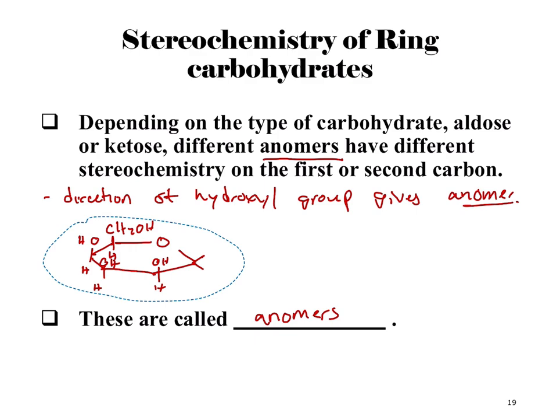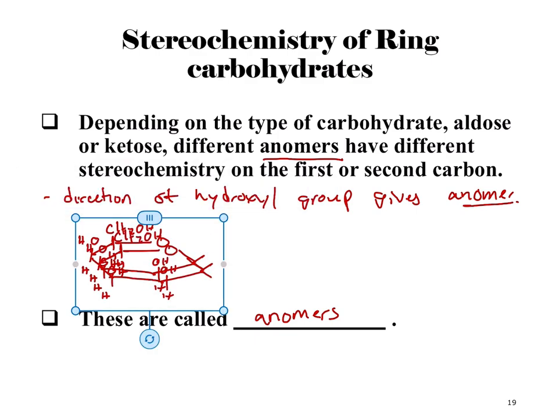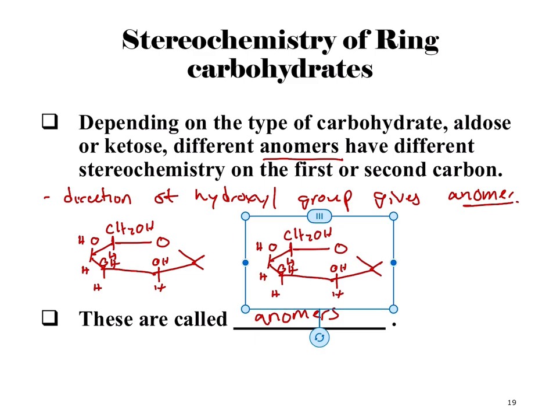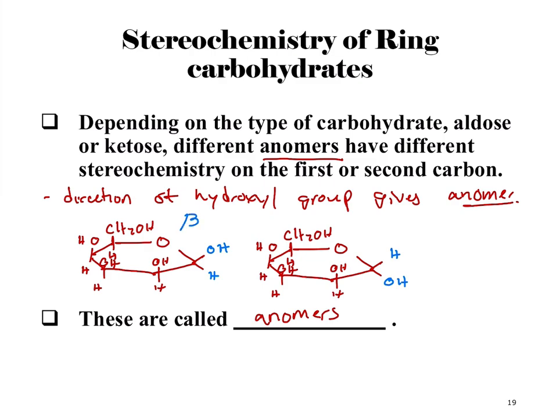Duplicate. So we have two different anomers of each other. If the OH group is up or the OH group is down. This is a beta anomer and this is an alpha anomer.